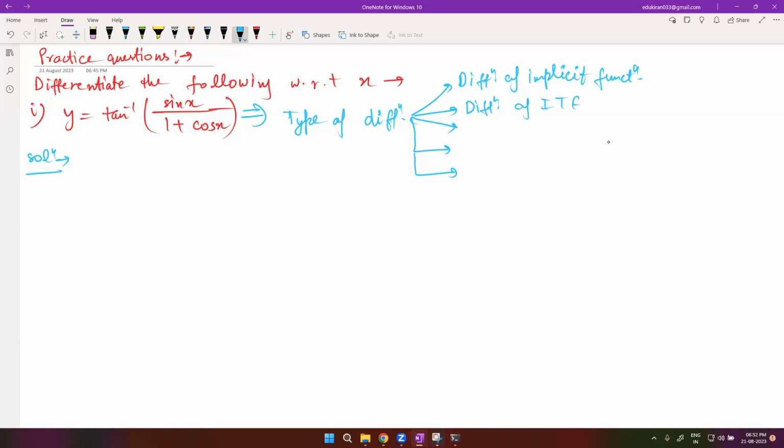After differentiation of ITF, we had exponential differentiation. Then logarithmic. Then parametric. And last, second order derivative.